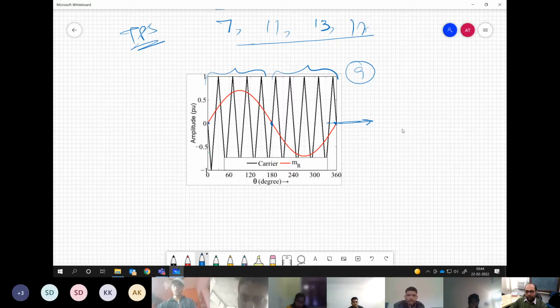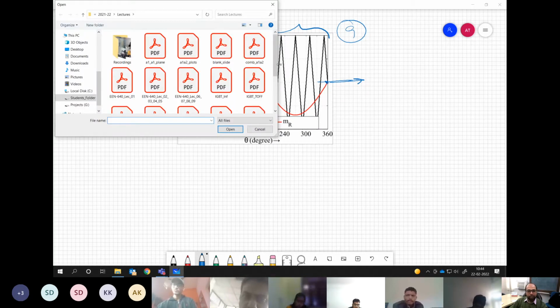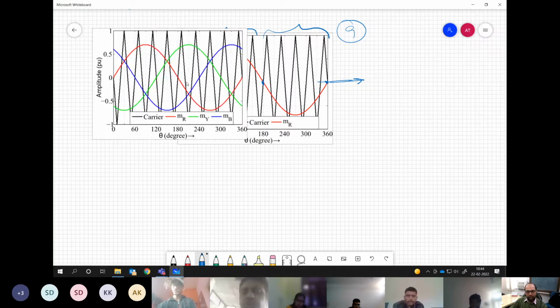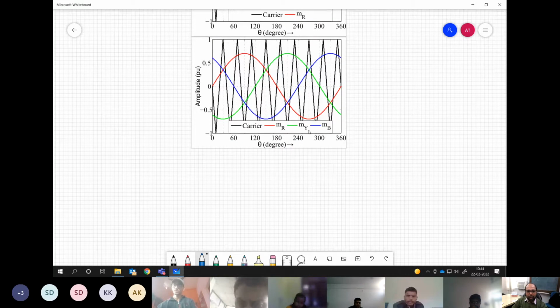Now, when you have this kind of pulse number ratio for all three phases, now notice the point what I was saying. You have the R phase, which is matching with carrier 0 crossing here. You see that point? Now it is matching with carrier 0 crossing here, and it is matching with carrier 0 crossing here. Correct?